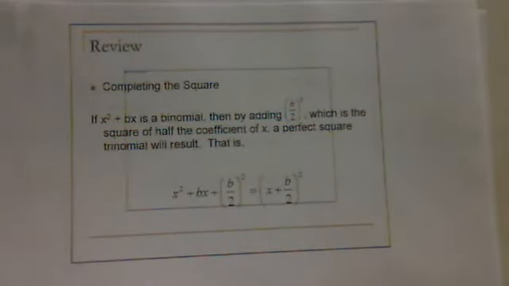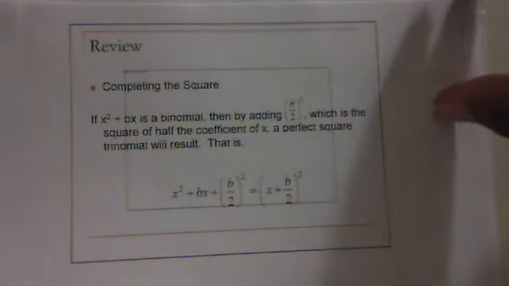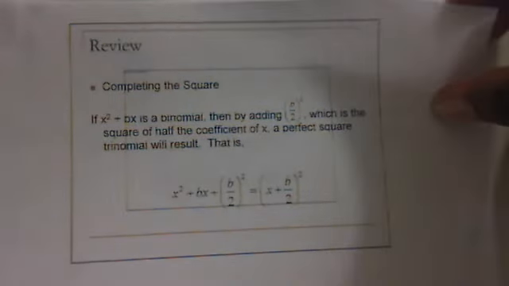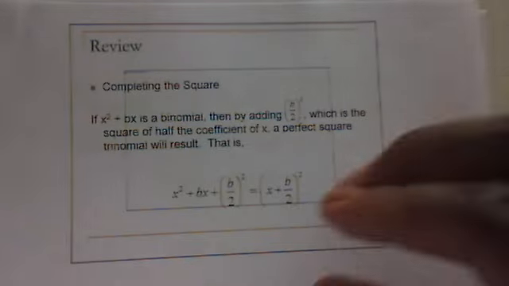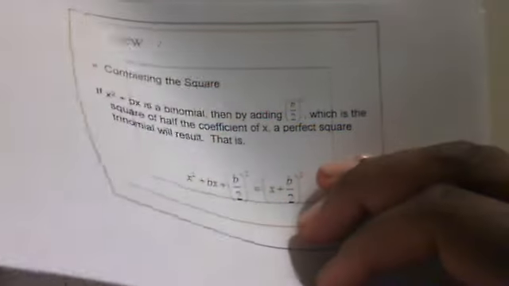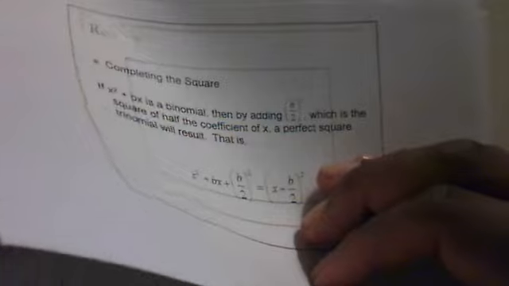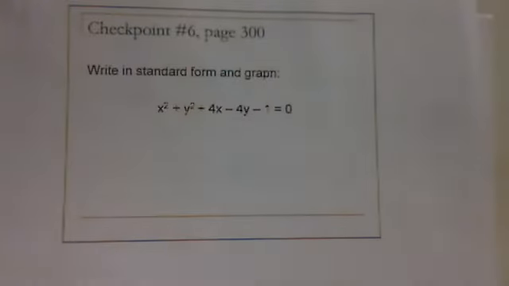Because we did some problems when we were solving quadratic equations by using the concept of completing the square. We're going to be using this again, this time to write equations of circles in standard form. So, let's look at one. Let's say we want to write this equation in standard form and do the graph.